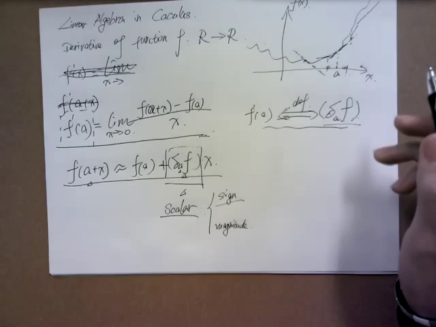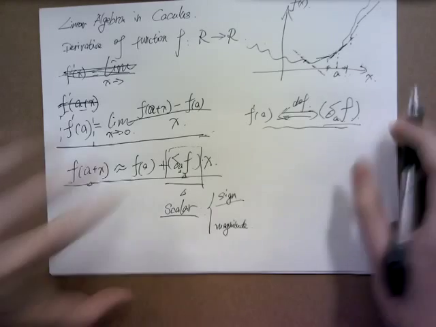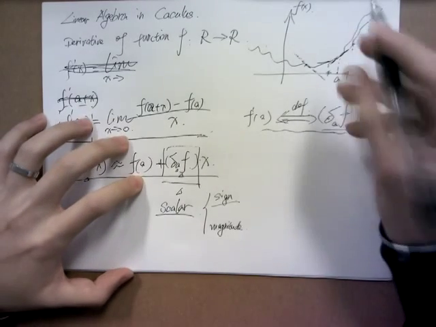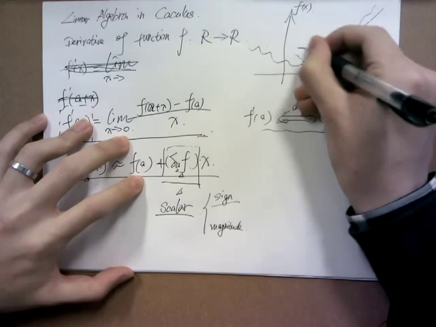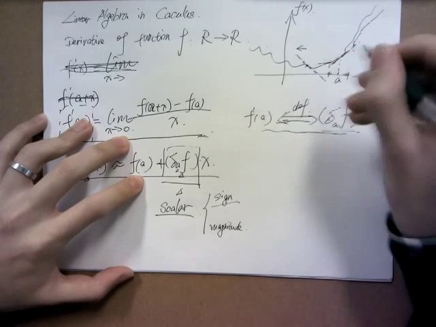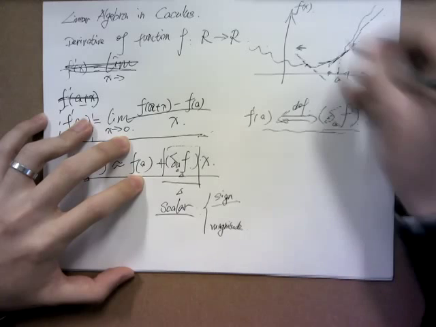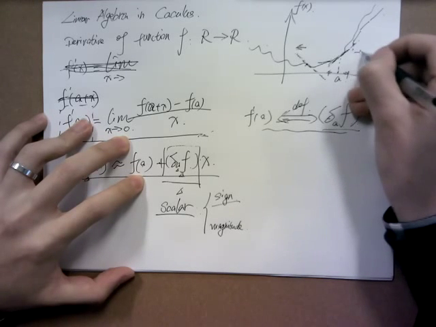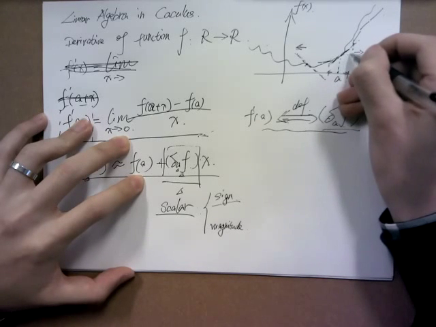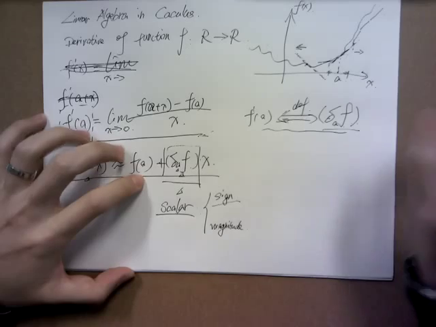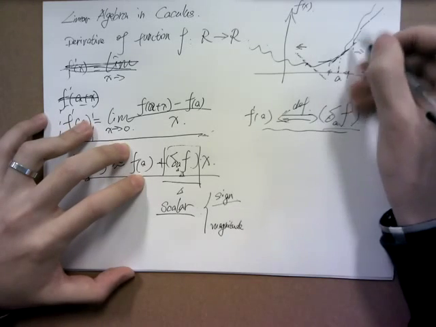Or I can say it in another way. If the function wants to increase, then a negative slope means that I need to decrease my x to get the function increasing. And here we got the same thing. If I increase the value of x, then the function will go up.